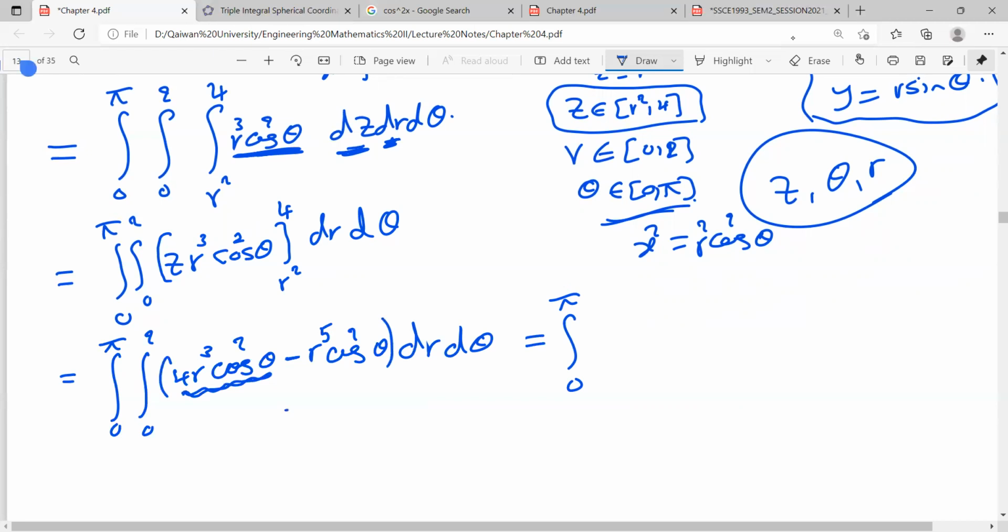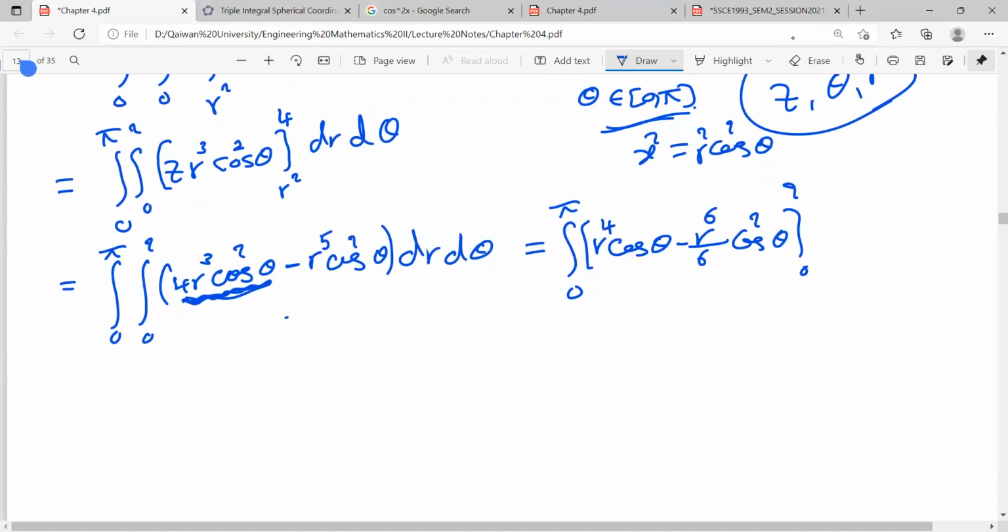The integration of 4r³ with respect to r is 4r⁴ divided by 4, and we get r⁴ cosine θ minus r⁵. Its integration is r⁶ divided by 6 cosine squared of θ. And here r is from 0 to 2.